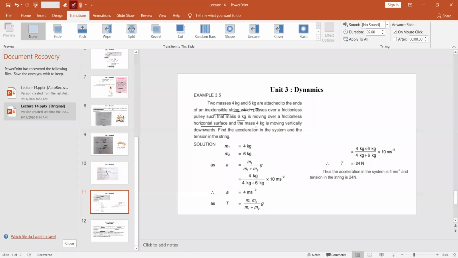Find the acceleration in the system and the tension in the string. So m1 is 4 and m2 is 6, and just substitute the values in the formula of acceleration. You get the acceleration, which is 4 meter per second square, and there is a formula for tension as well. You just substitute the values and you get the required tension in this case.